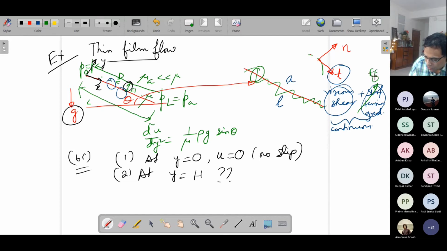This is an example, not always. So you must have a continuity in the viscous shear along the tangential direction.